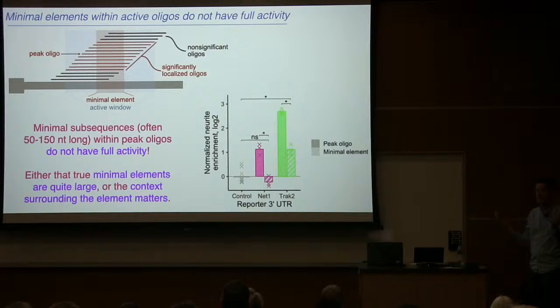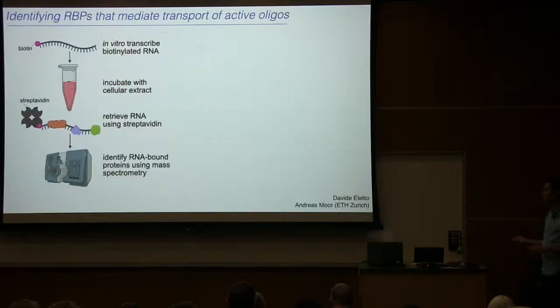So that's big, like for RNA localization, not big as in important, I mean big as in large, right? So it's either true that the actual minimal element is quite large, or that somehow the context surrounding this element matters. And this is, again, something that we're following up on now, a current student is looking at. And like I said in the beginning, the size of these elements is consistent with secondary structure really being involved, and not just primary sequence.